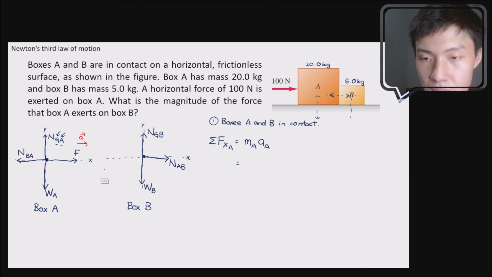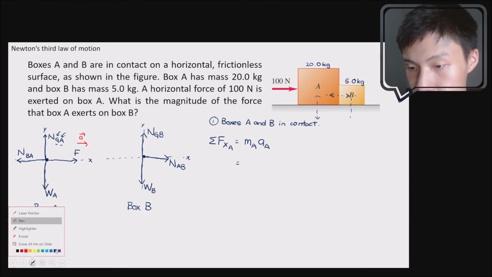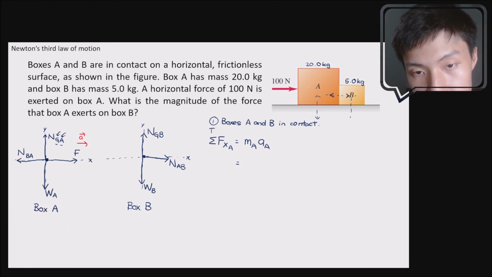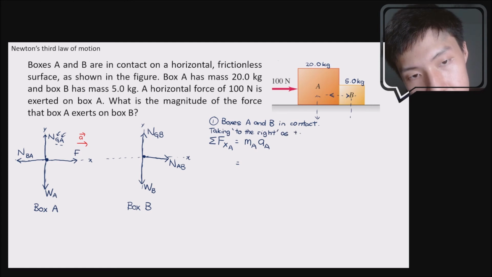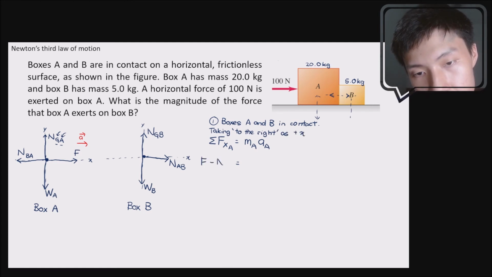Okay, so we can write, taking to the right as positive x, then you can take F minus NBA, and this is equal to mA aA.